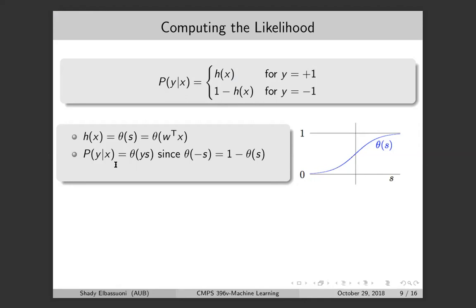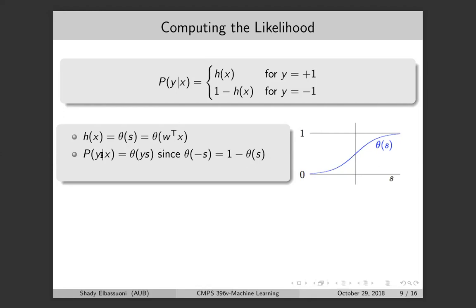So again, I want to say probability of y given x in just one line. So I said this is equal to theta of y s. Why is this the case? When y is +1, I get simply that p of y given x is equal to theta of s, because y is +1. Where theta of s is h of x. Now let's see the case when y is equal to -1.